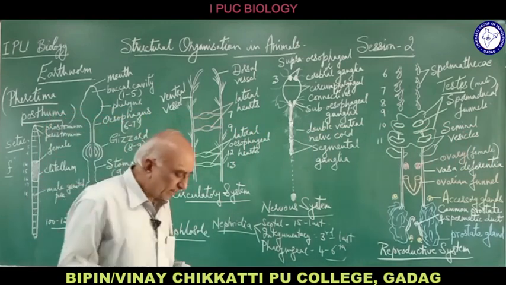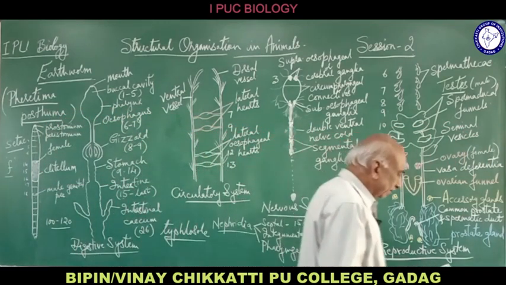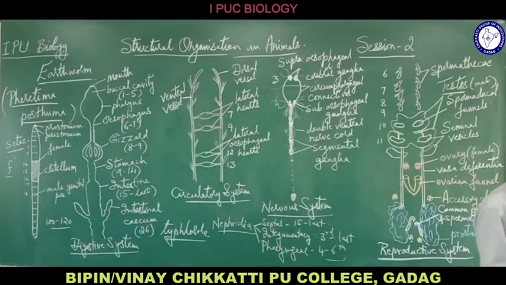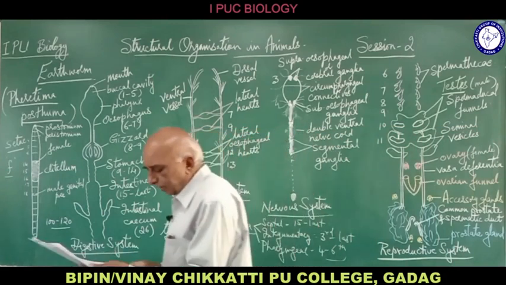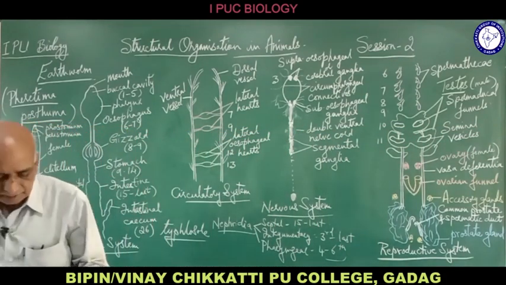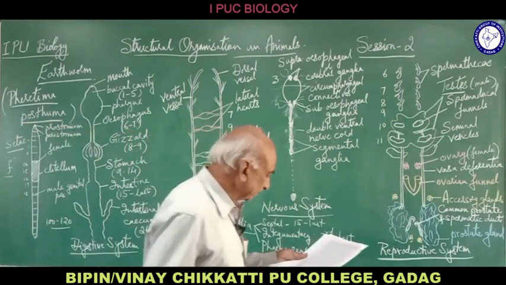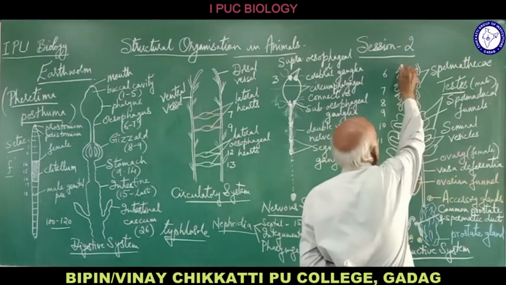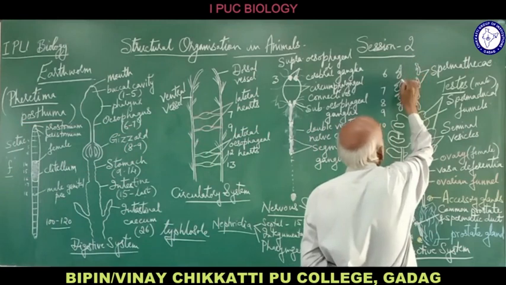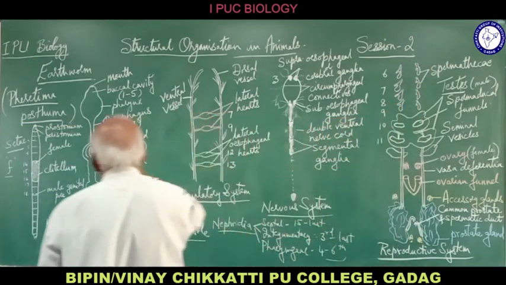The spermathecae are the regions where the sperms are stored. So sperms are stored in the spermathecae, and they are located in the 6th to 9th segments. They receive the sperms and store the sperms. These open outside by small pores in the 6th to 9th segments.